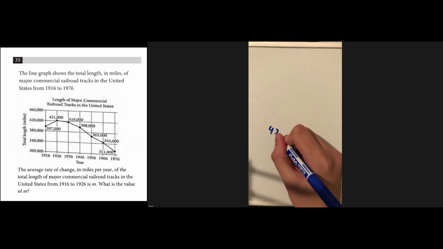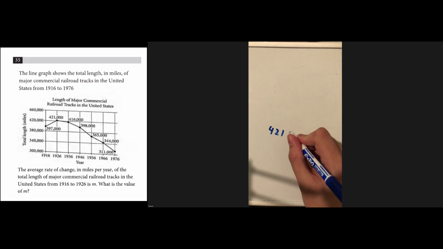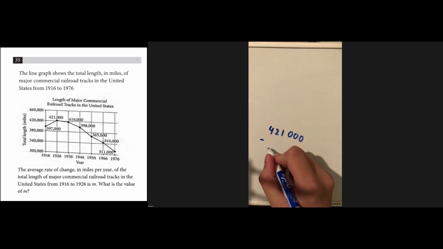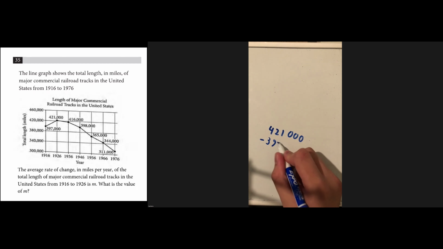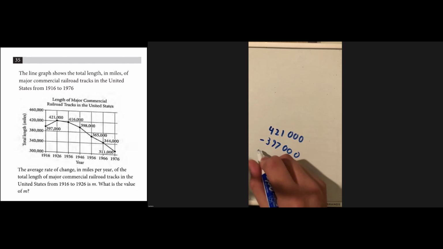Okay, so for question 35, we're asked what is the rate of change between 1916 and 1926? And so we just take 1926, which is 421,000, and we subtract 1916, which is 397,000, which gets us 24,000.